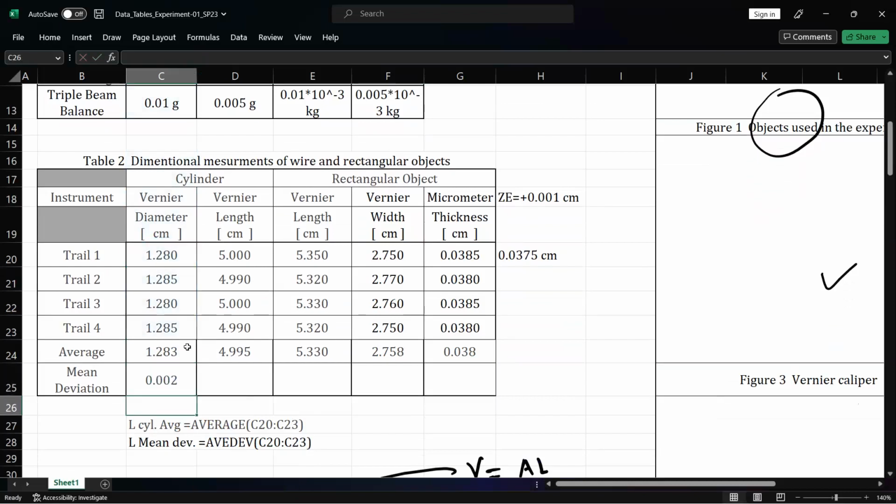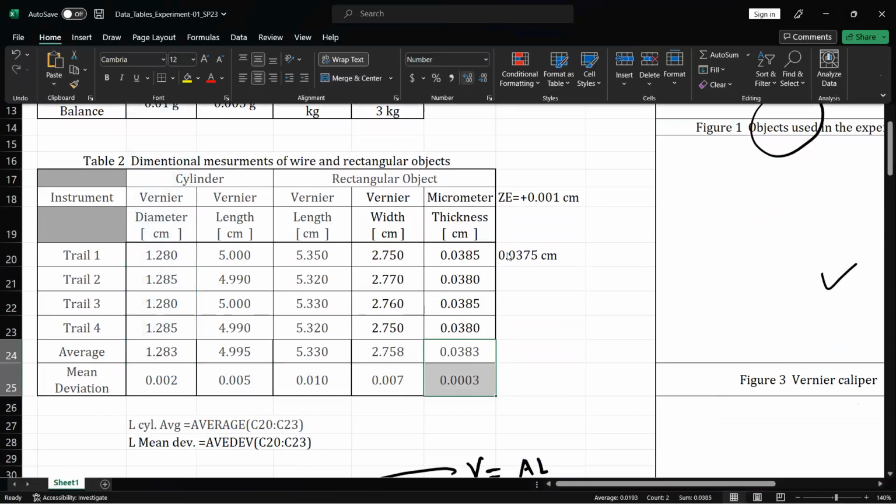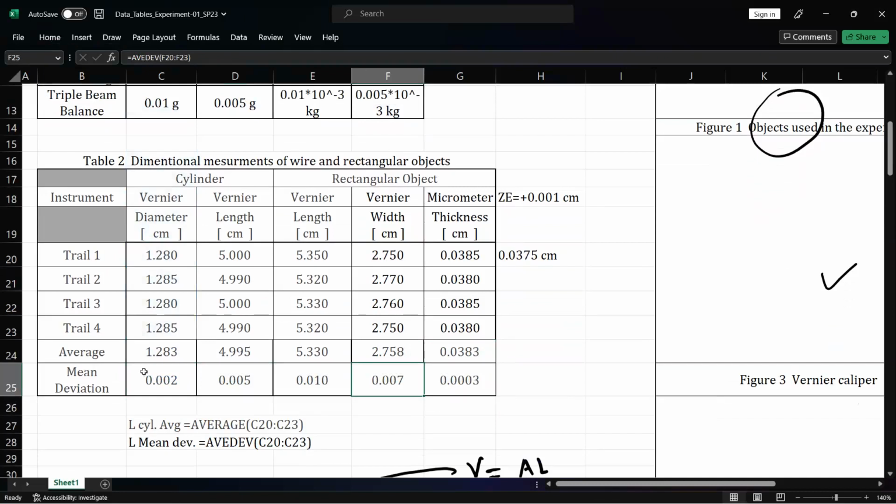We only need to give that, and Excel will take care of the calculation. If you take a look now, all of these I need to have 4 decimal places because of the micrometer, and in all of these numbers we can clearly see the measurement error.